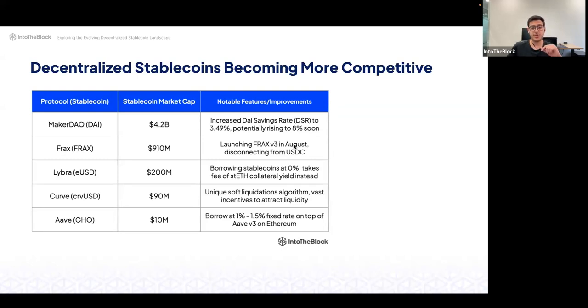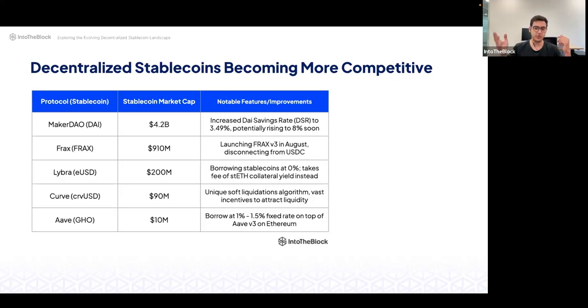And then we have, other than LUSD, which I already covered, some new entrants which have been making significant improvements over the past few months. One that is lesser known, though it's still quite a large market cap, is this stablecoin called eUSD from the protocol Lybra.